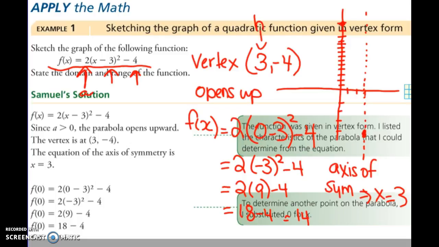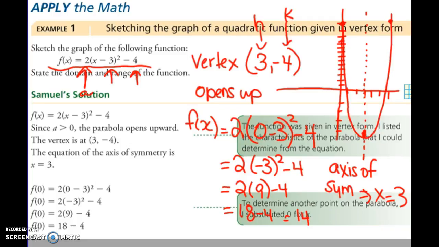This is h, this being k. And we can draw our other point because what we know is if this is the vertex, it's a mirror image on the other side. So if we have a point 1, 2, 3 over and 14 up, then we can go from here 1, 2, 3 over and 14 up and draw the mirror point. So now we have a parabola shape.